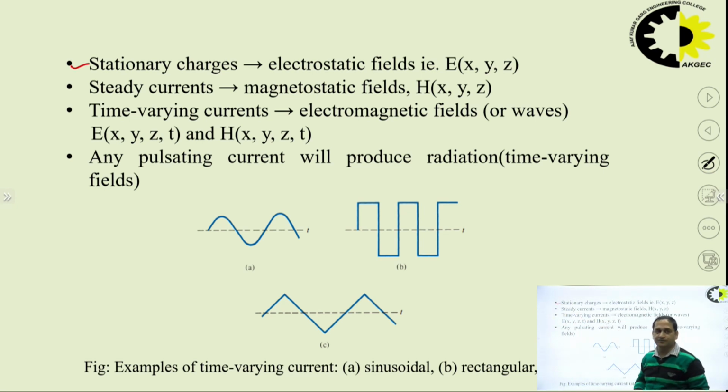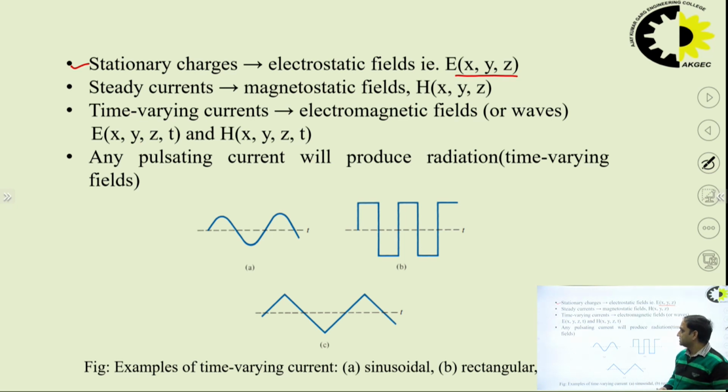When a charge is present in space, an electric field will be present there, and that electric field can be defined at a particular position, XYZ. So it is not a time varying field.